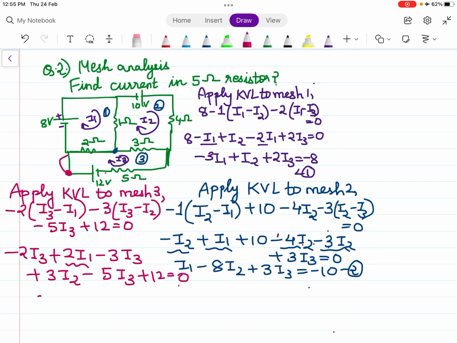So this is 2 I1 plus 3 I2 minus 10 I3 equal to minus 12, equation number 3. 3 equations, 3 unknowns, solve and find the value for I1, I2, I3.